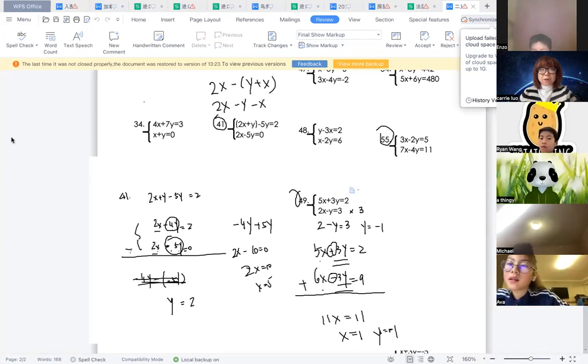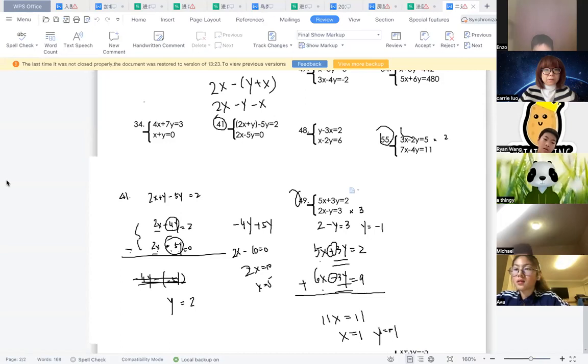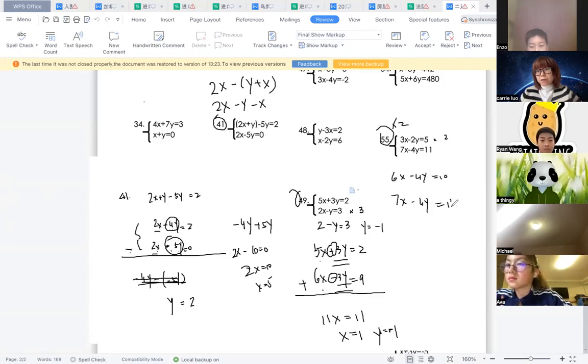Can I help you a little bit, everybody? So just times 2 for both left side and right side, okay? So 6x minus 4y equals 10. And 7x minus 4y equals 11. 这个一样呀。So you minus it. So x equals 1.